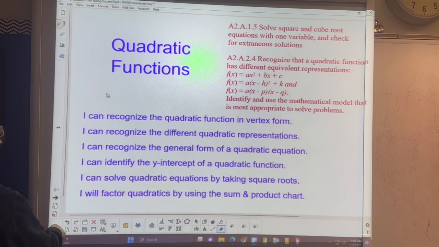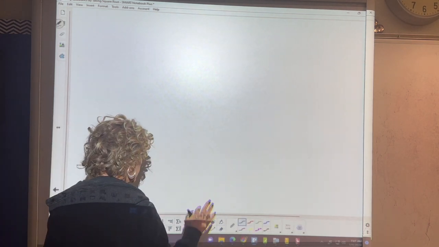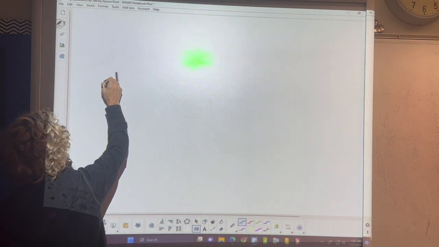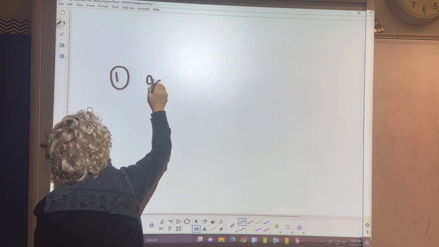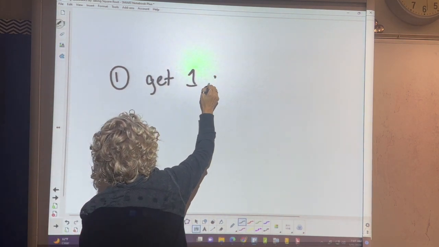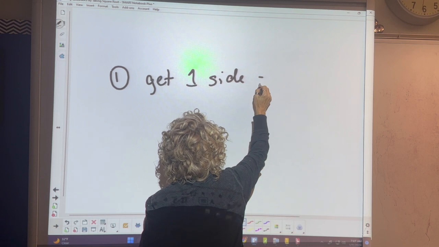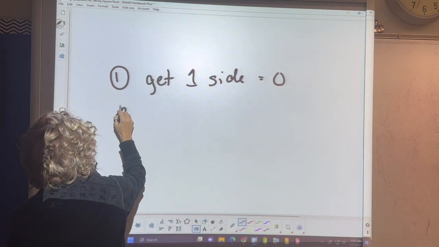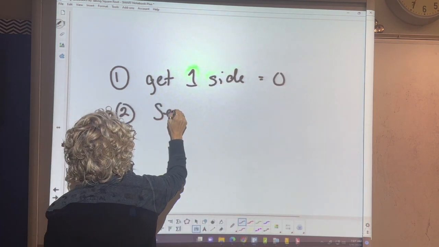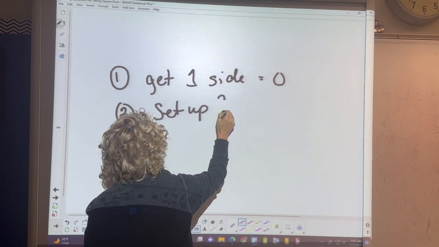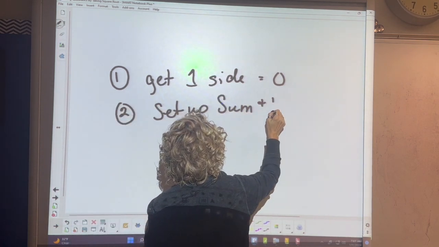So real quick, step 1, we're going to get one side equal to 0. Number 2, we're going to set up your sum and product chart.